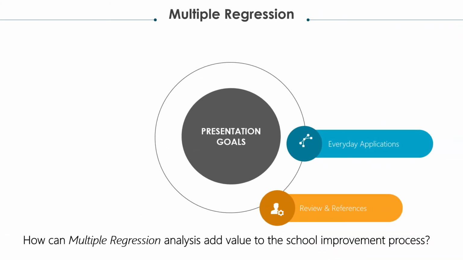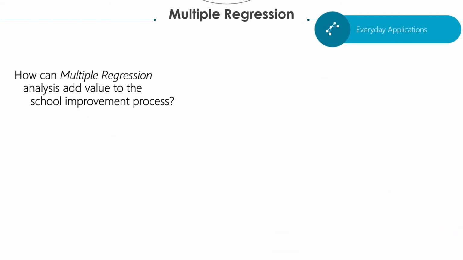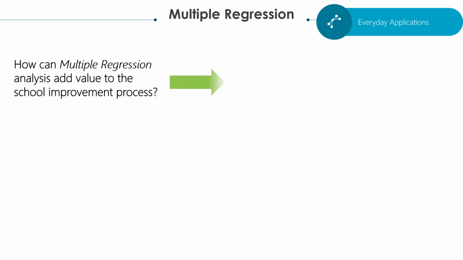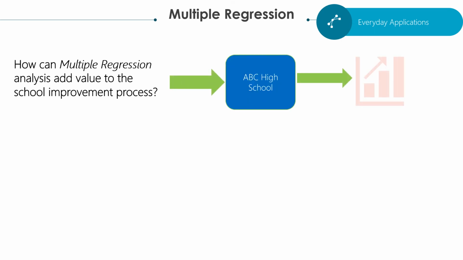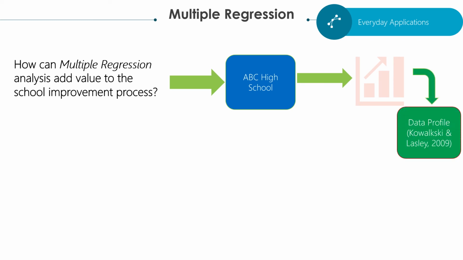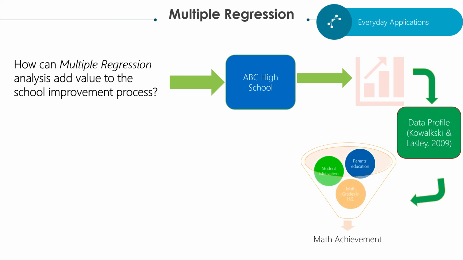Now let's return again to our question of how multiple regression can add value to the school improvement process. You are the principal of ABC High School. You and your staff have set the goal of improving math achievement for all students. An analysis of your school's data profile indicates to your team that student motivation, prior math grades, and parents' educational background may affect this end-of-the-year goal.